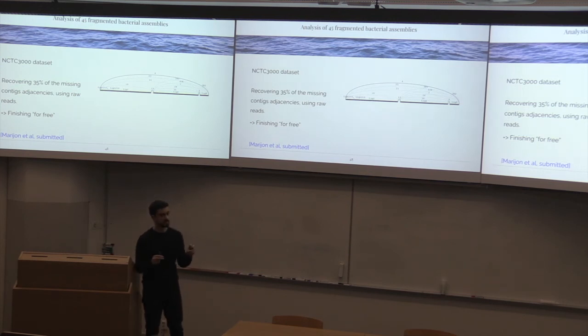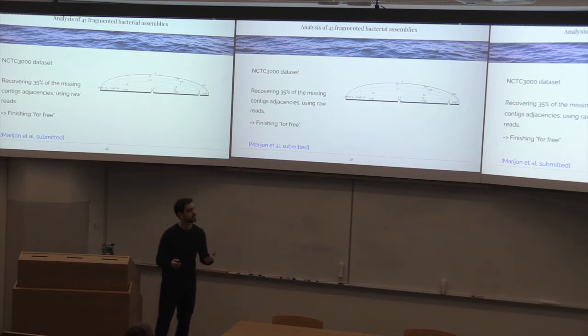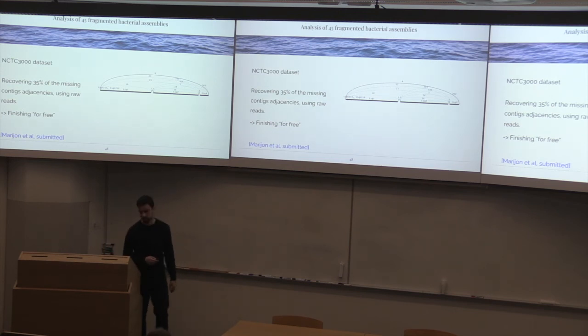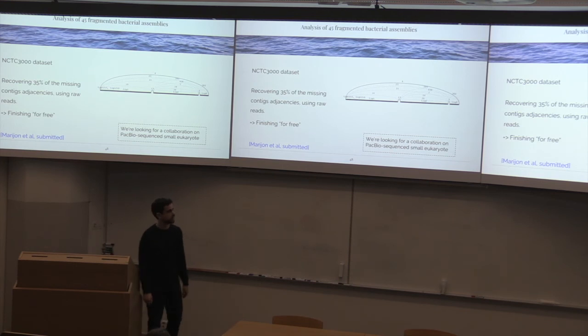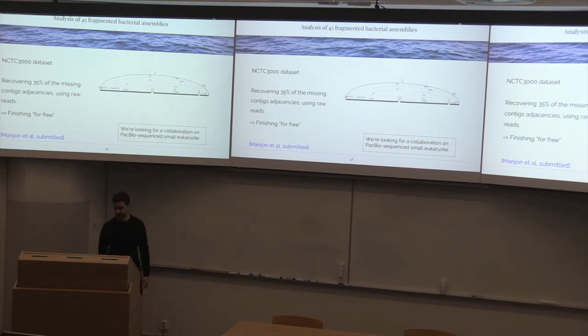I should have put finishing between quotes as well, because it doesn't do the finishing automatically, but it gives you some clues to what happened in terms of the assembly process. And we are looking for collaborations on PacBio sequencing to try to apply this method to real cases. Not only PacBio, nanopore as well, yes.